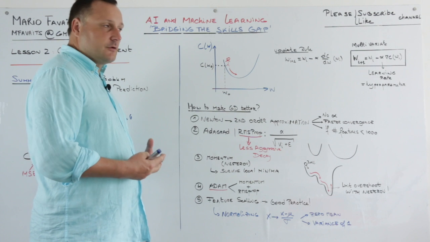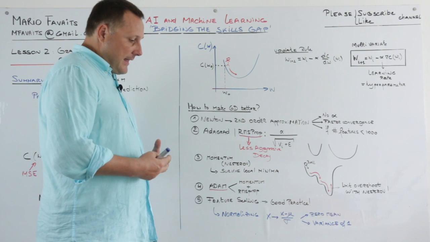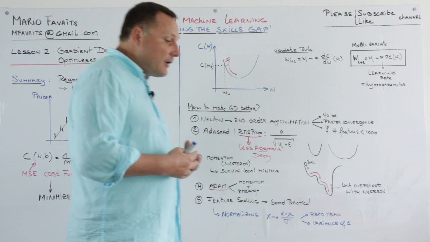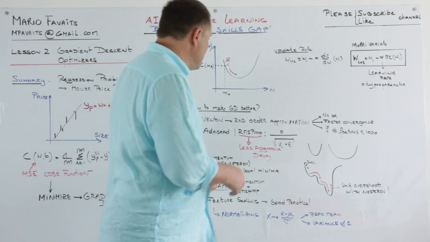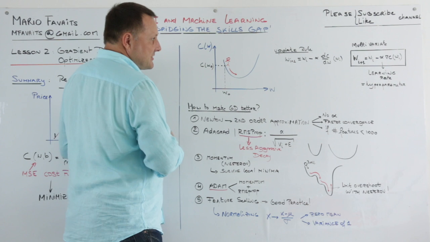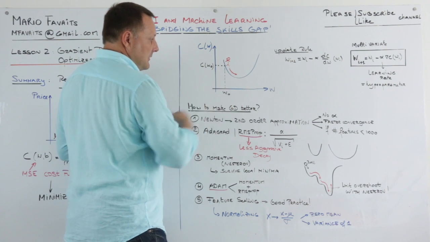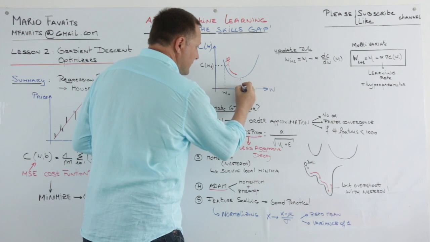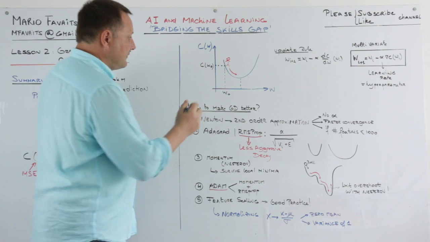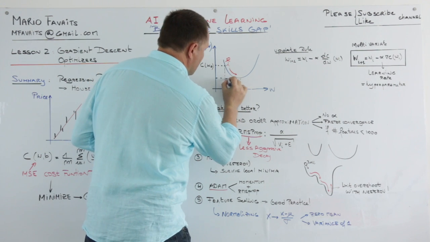So you're at a certain point, and you calculate the gradient, and you take the way of the steepest descent. And you do that a numerous amount of time until you reach the minimum. Yeah? The minimum of the cost function, which is basically here. Yeah? This gives you the minimum cost.